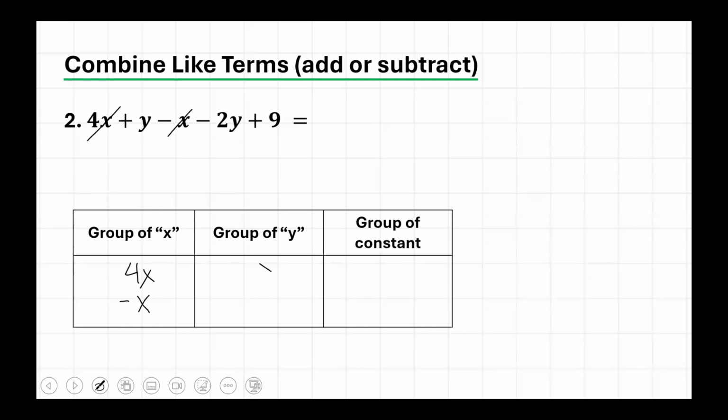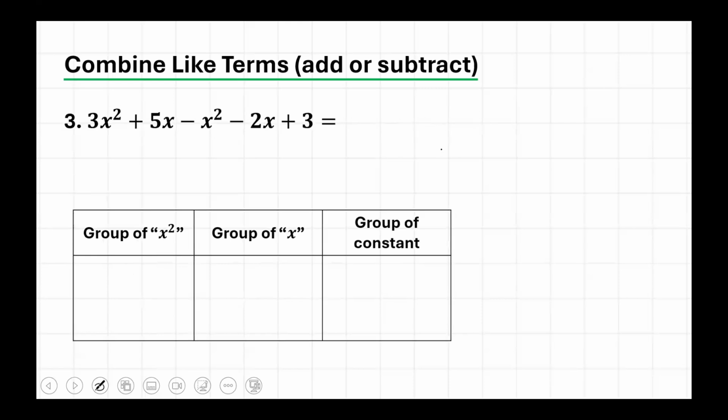Then for the y, we have y and negative 2y. And for the constant, we have 9. Now let's combine all the like terms. We have 3x, y minus 2y is negative 1y, plus 9. And that's your final answer.